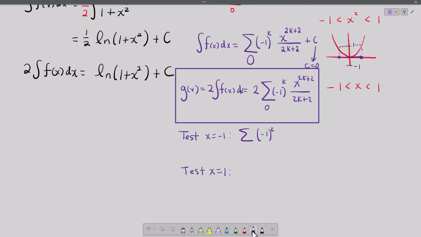Is it a switch? Or is it always positive 1, or is it always negative 1? You have 3 choices. So when you plug in negative 1 right there, what do you get when you simplify that? It's always positive. The exponent's always even, which means it's always going to be positive 1. Yes, always positive.